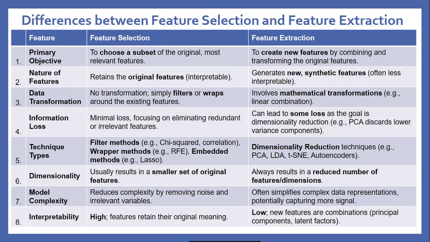In feature extraction, it often simplifies complex data representation, potentially capturing more signal. Interpretability: high in feature selection, as features retain their original meaning. In feature extraction, low, as new features are combinations, principal components, latent factors.